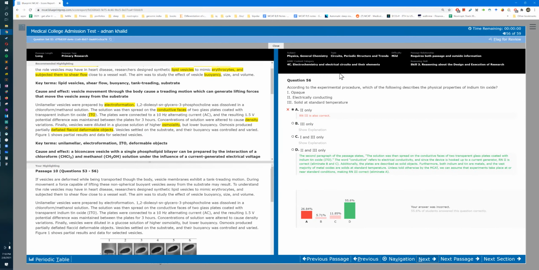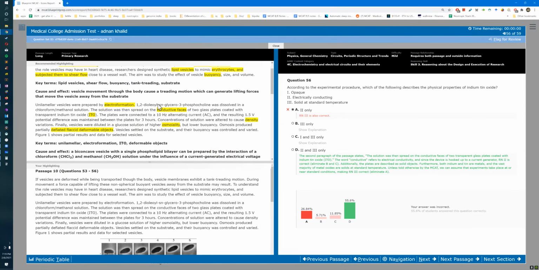Then here, what did I do? Oh, 2 and 3. Okay. So first of all, what describes it? Opaque? No. It tells you right here that it's transparent, so it's not going to be opaque. So anything with 1 is out. Then electrically conducting, that's true because it's on the conductive faces of the capacitor plates.